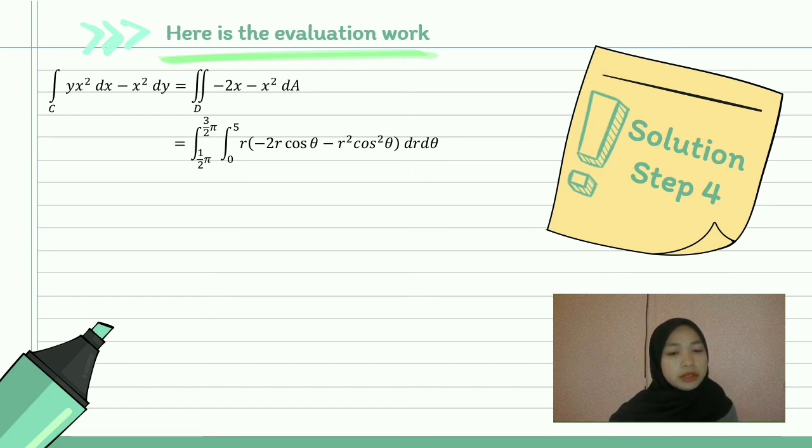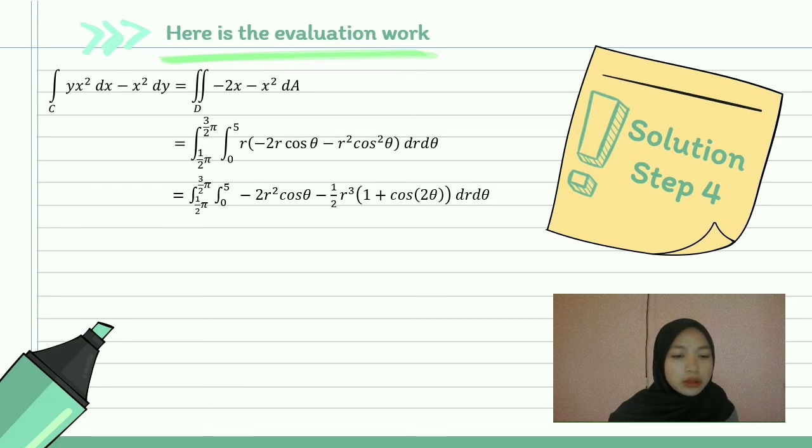From step 3 we know that D is the region which gives the limits of the integral: for the outer integral we have 1/2 pi to 3/2 pi, and for the inner integral we have 0 to root 5. We need to integrate r times the bracket negative 2r cos theta minus r squared cos squared theta dr d theta. From this we get negative 2r squared cos theta minus r cubed times 1/2 bracket 1 plus cos 2 theta dr d theta.